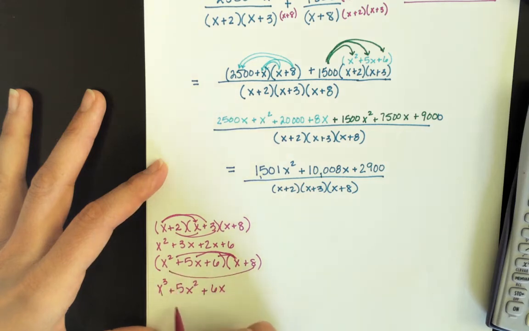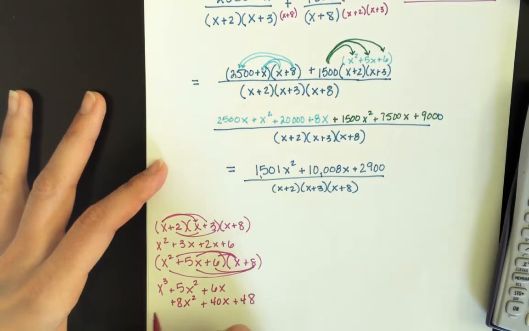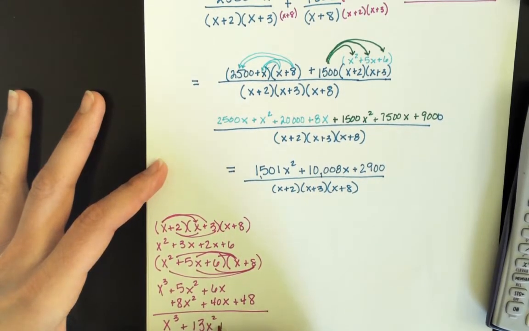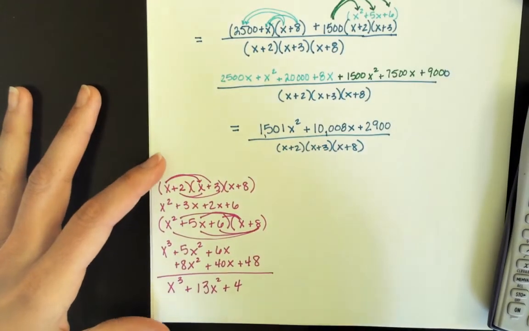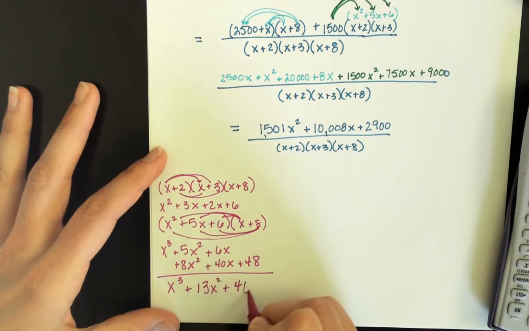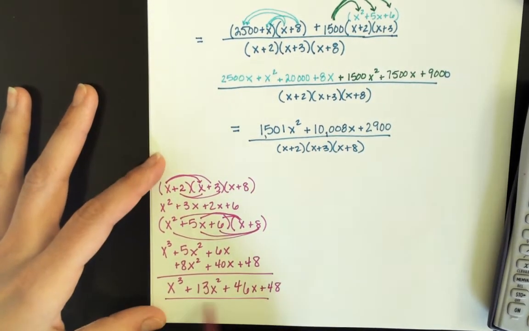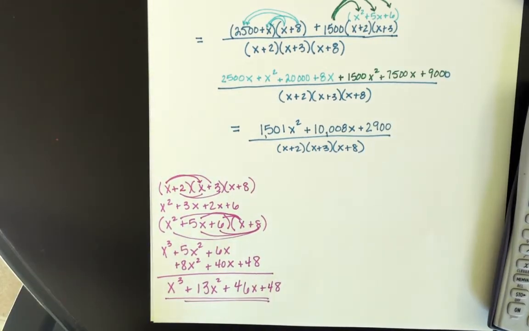And then we do the 8, so plus 8x squared plus 40x plus 48. And so it could be that our denominator is written as x cubed plus 13x squared plus 46x plus 48. And this is it multiplied all the way out.